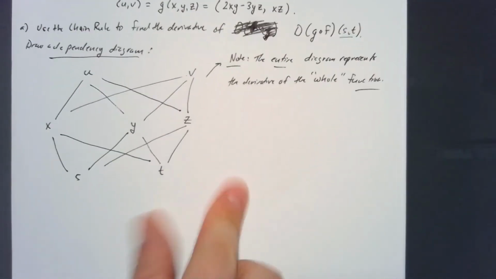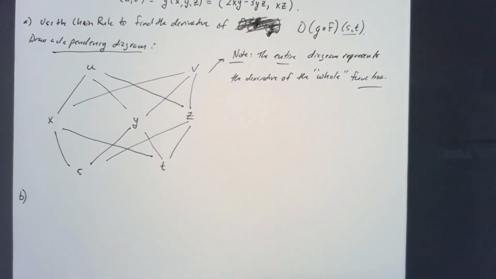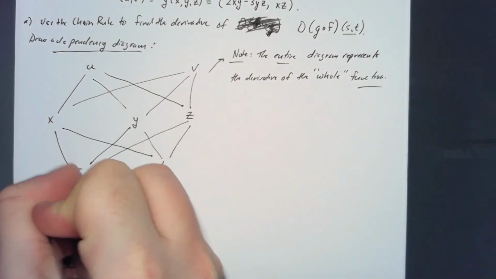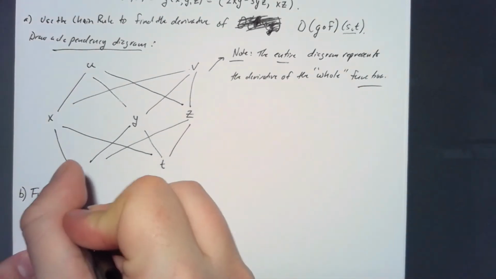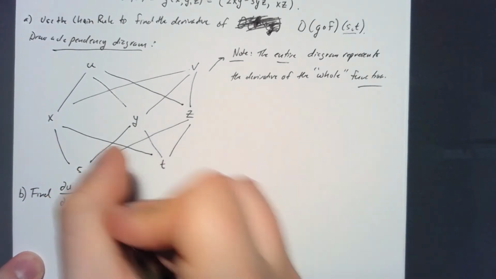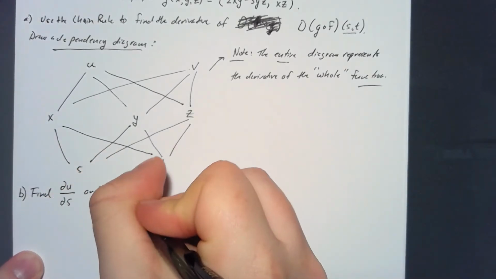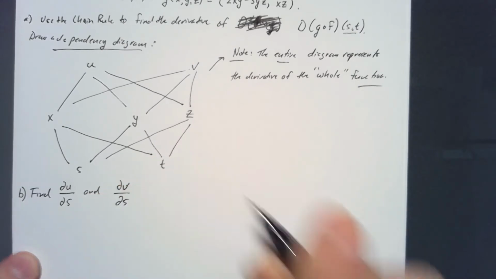But if I just go to question B, for example, let's say I'm only interested in a particular branch. For example, find the partial of u with respect to s and the partial of v with respect to s.